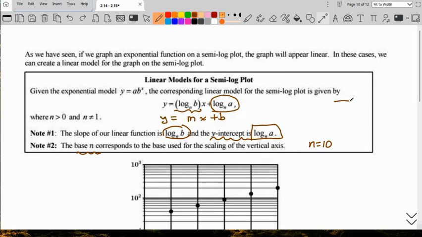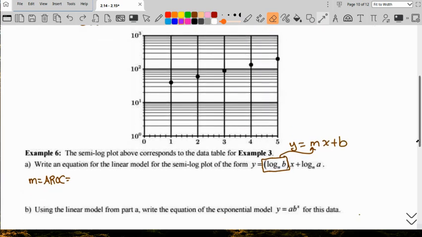Okay, so from the original data, those 2 data points that we're going to use were 1, 40 and 2, 60, and this was from example 3, so you can go back and look at all that data in the table if you want.